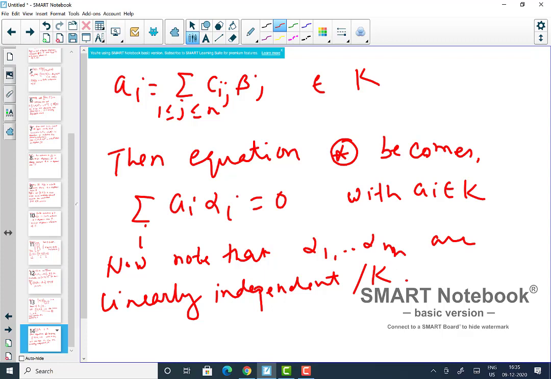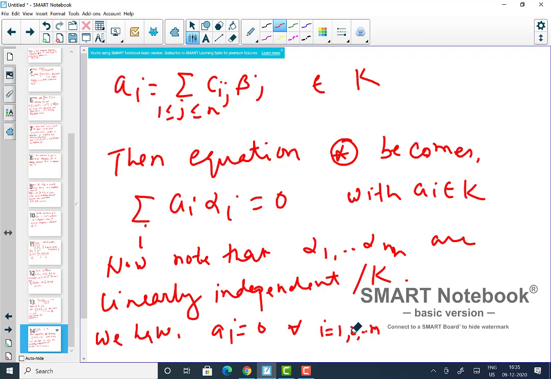Because this is a basis of L over k, we have ai equal to 0 for all i equal to 1 to m. Because the alpha i are linearly independent, if any such combination is 0, then the coefficients ai have to be 0. So the ai's are all 0.